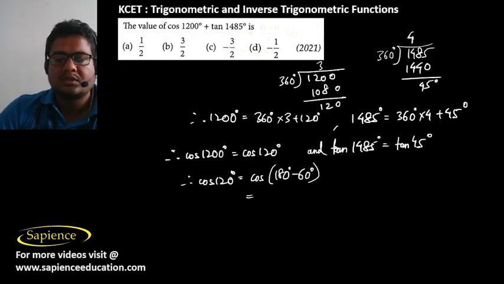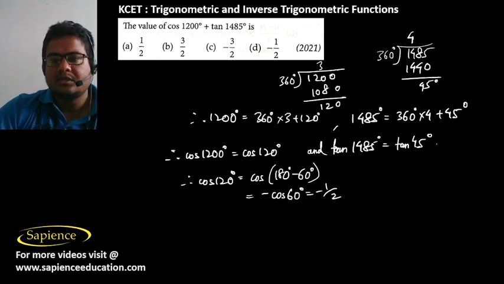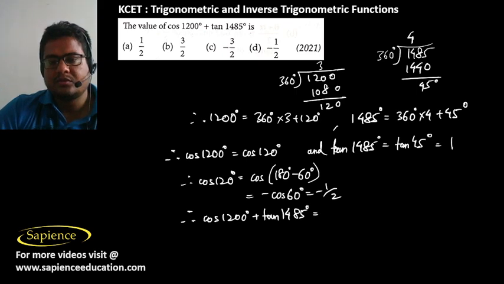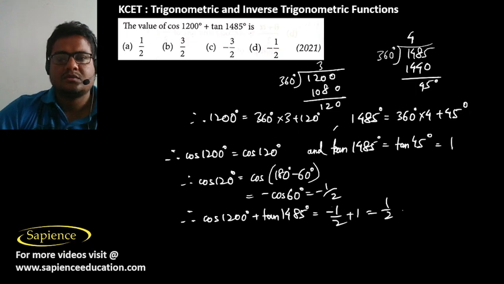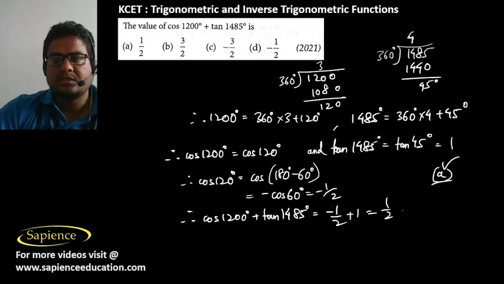In the second quadrant cos is negative, so this will be minus cos 60, that is minus half, and tan 45 is 1. Therefore the value of cos 1200 degree plus tan 1485 degree will be equal to minus half plus 1, that is equal to half. So option A is the correct answer.